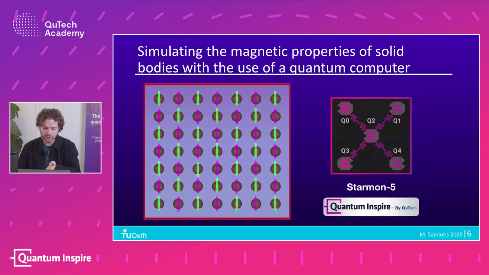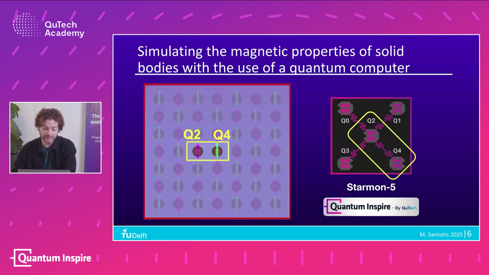Here I'm showing you Starmon 5. Back when Starmon 5 was online, I actually ran the simulations, so that's why I'm using Starmon 5 here, but you can do exactly the same simulations on Starmon 7. So how can we simulate the system? I'm going to take 2 spins, one that is up and one that is down, and I'm going to assign to the spin up the state 0 and to the spin down the state 1.